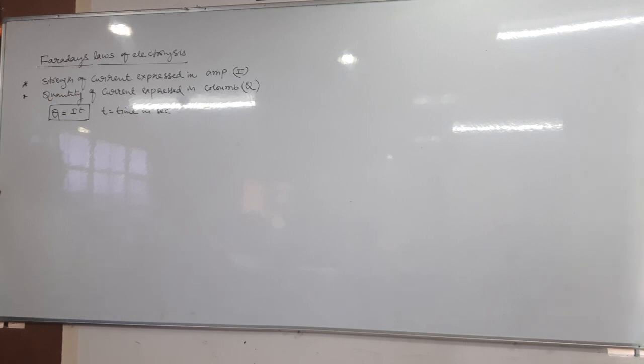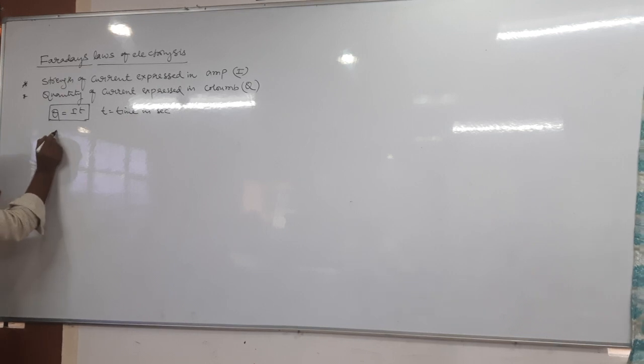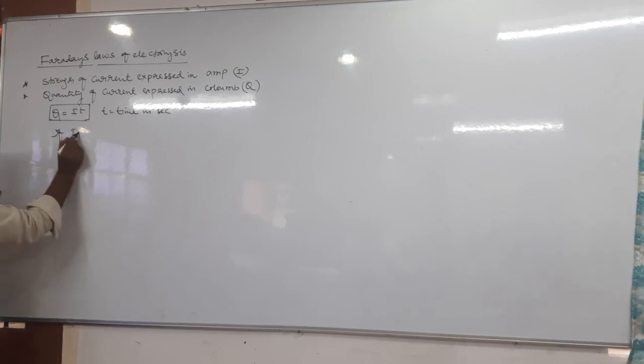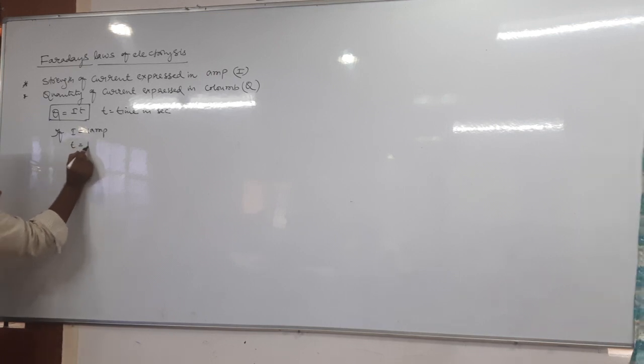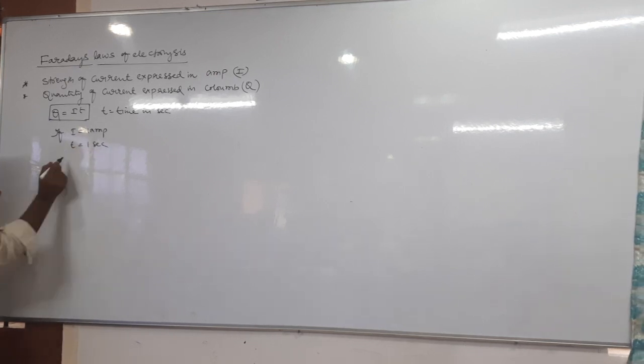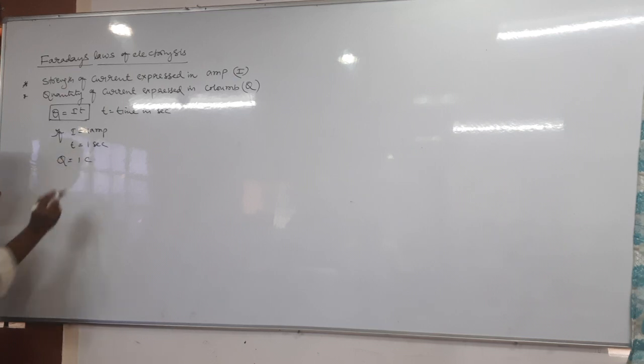Now how do you define coulomb? If I equals 1 ampere and T equals 1 second, then Q equals 1 coulomb.